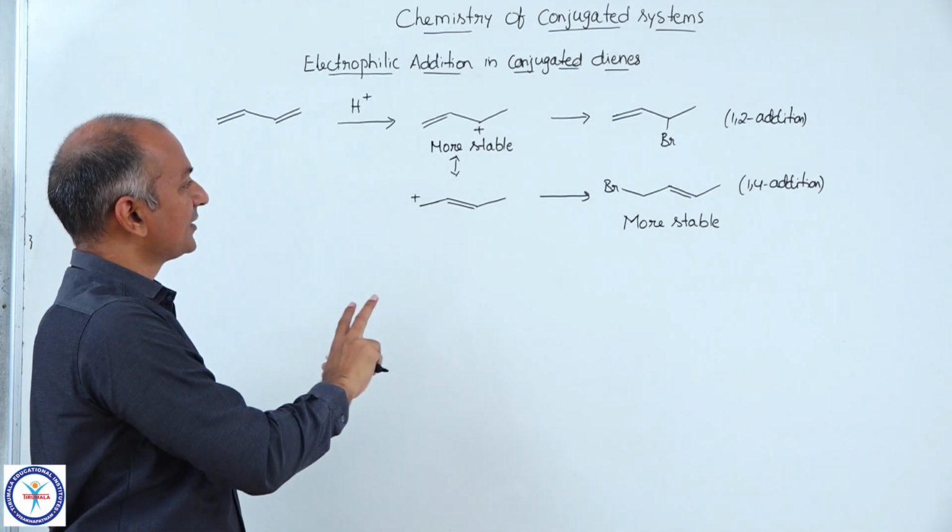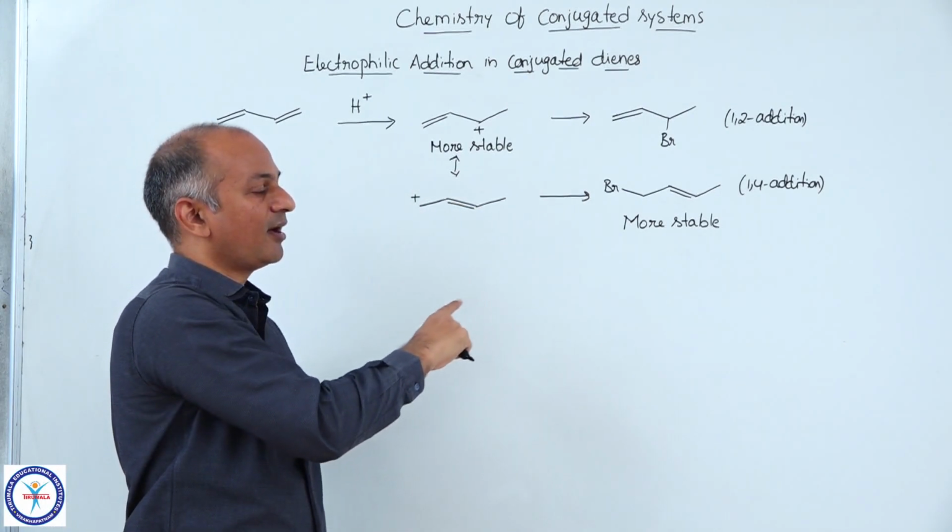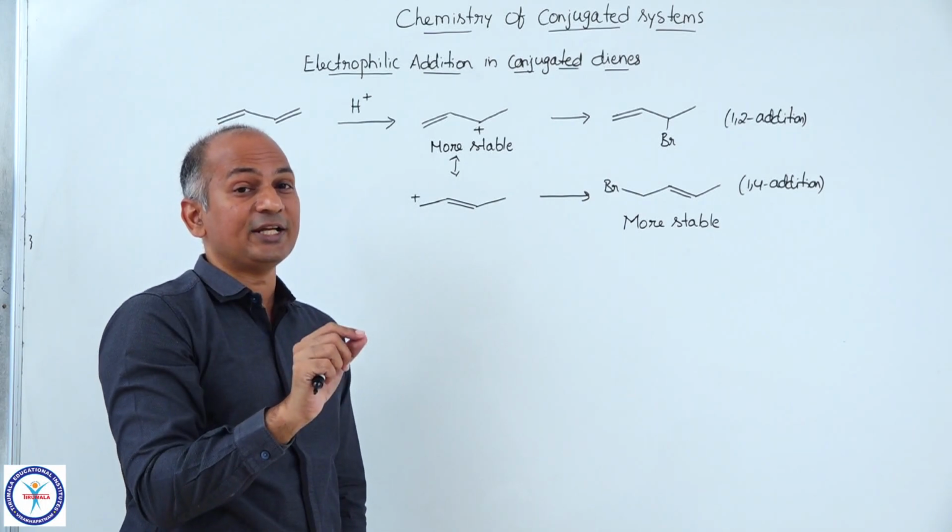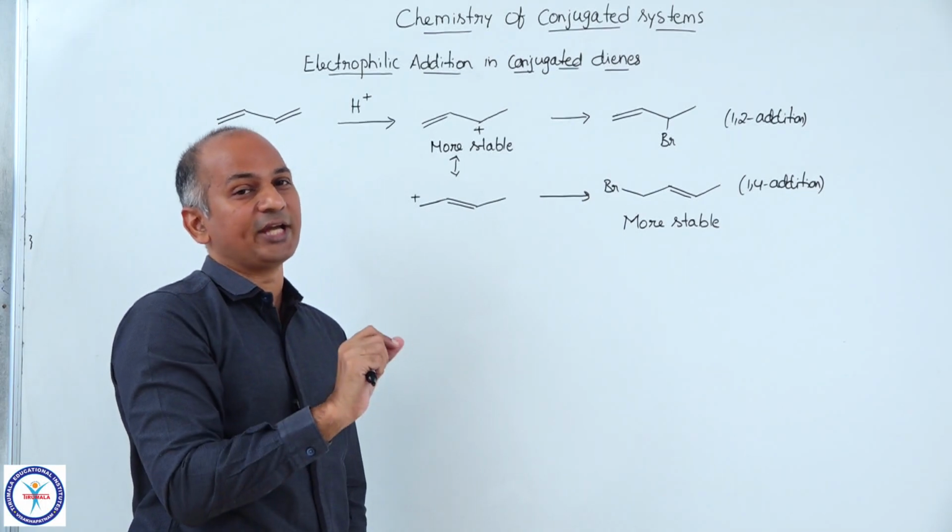So this is the mechanism of electrophilic addition to a conjugated diene.